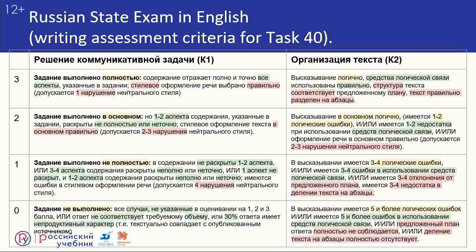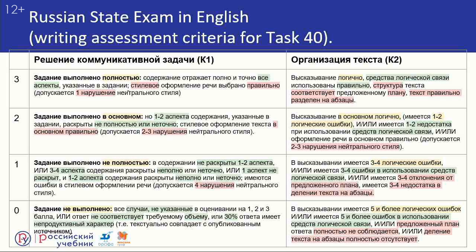At the level 2, well, obviously we highlight the words в основном правильно, right? We might actually not even have to highlight the words стилевое оформление, because this is something that we highlight in the previous descriptor, right, at the level 3. And as you can see, I decided to do it in 3 different colors, and this is something that again helps me understand what I'm looking for when using these descriptors, right?